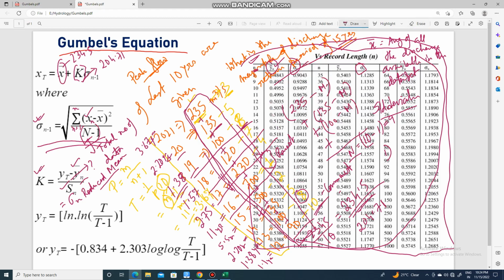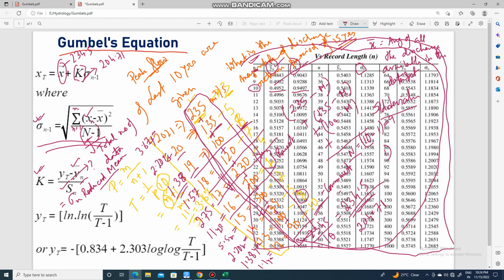For 10 data in the data set, the reduced mean will be 0.4952 and the reduced sigma or reduced standard deviation will be 0.9497. From this table, you can easily find it out.